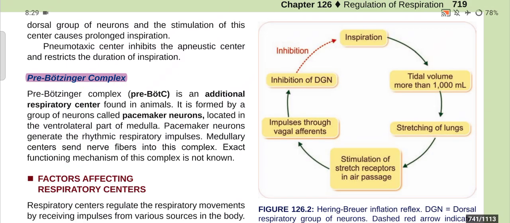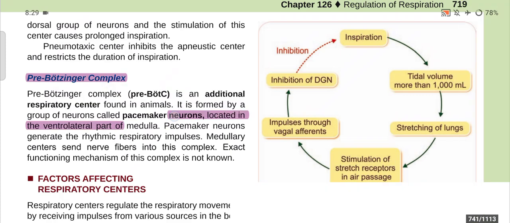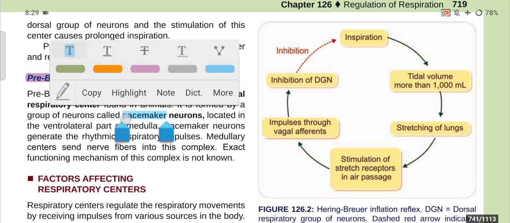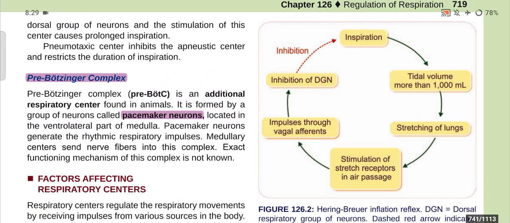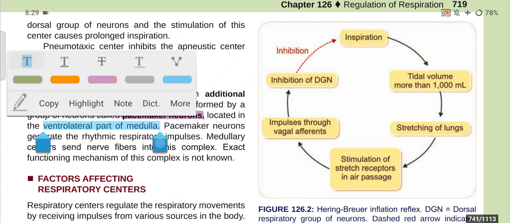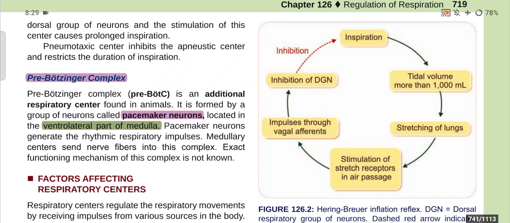Now, the pre-Bötzinger complex. First point, the pre-Bötzinger complex is an additional respiratory center found in animals. It is formed by a group of neurons called pacemaker neurons, and it is located in the ventrolateral part of the medulla.